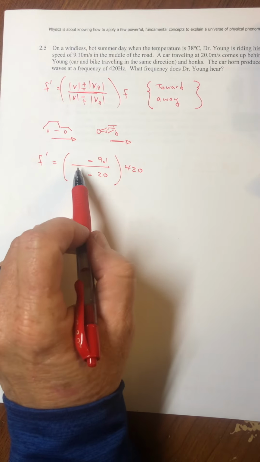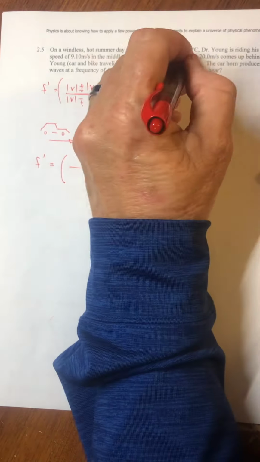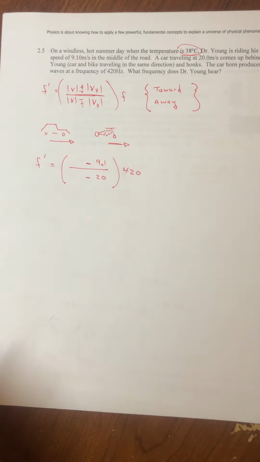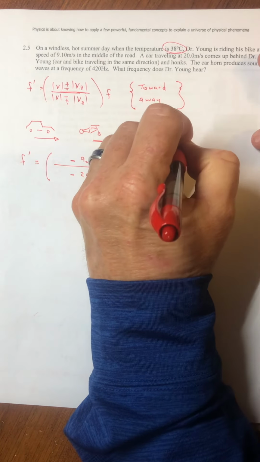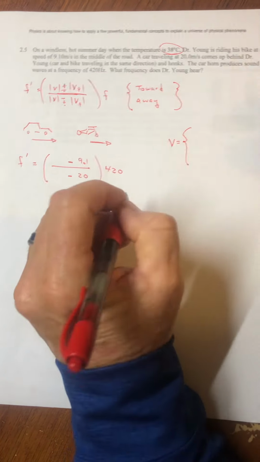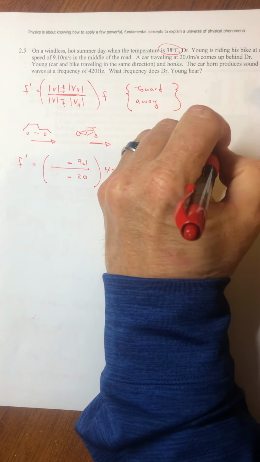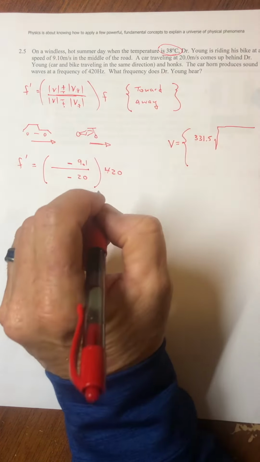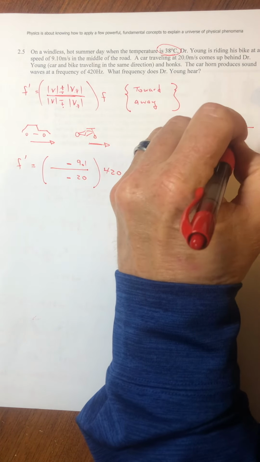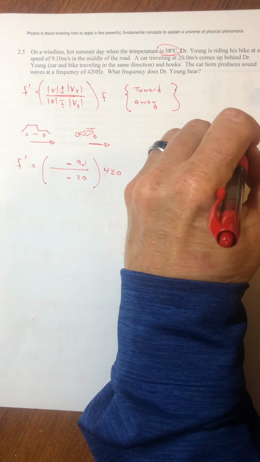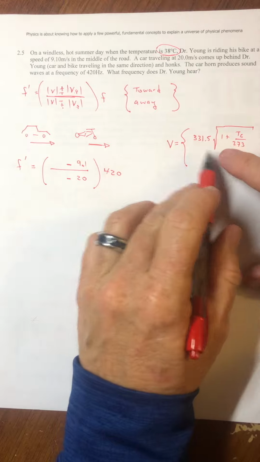Now, the one piece of the puzzle I am missing is the speed of the wave, and we have a temperature to work with. I guess you have two options. We have the more rigorous equation for the speed of sound in air, and then we have its linear approximation of the square root.